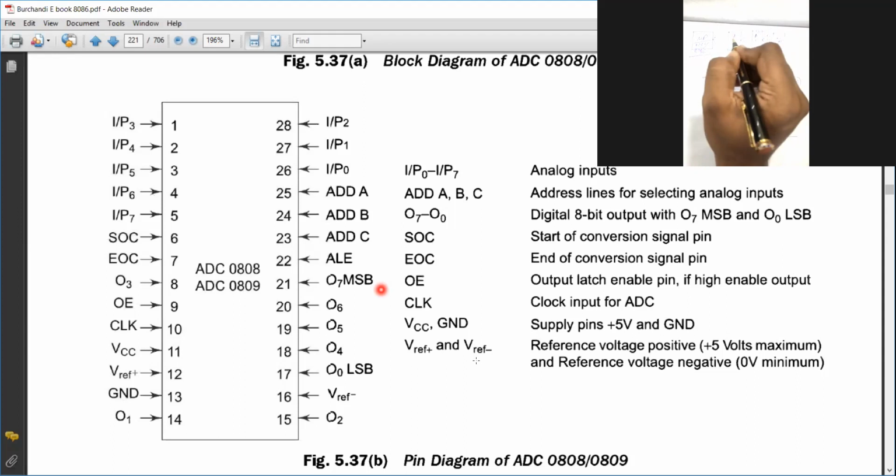Now the question is, how will the microprocessor understand which temperature it is? Can you tell me?